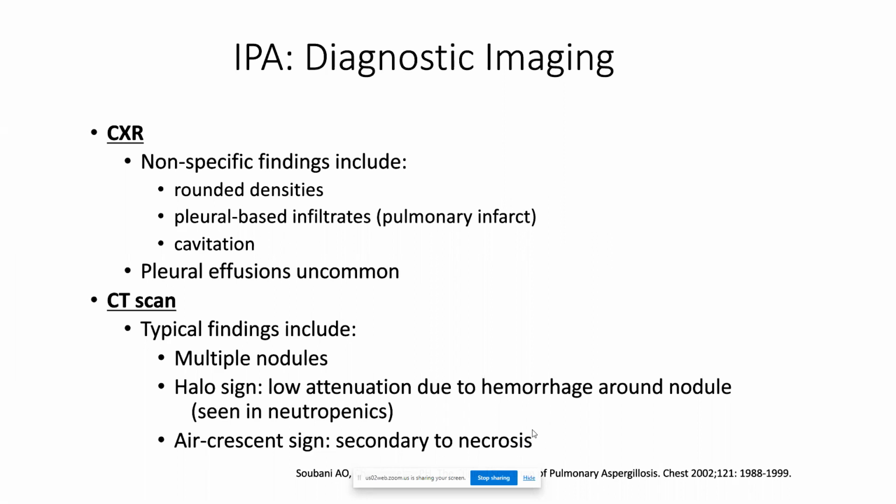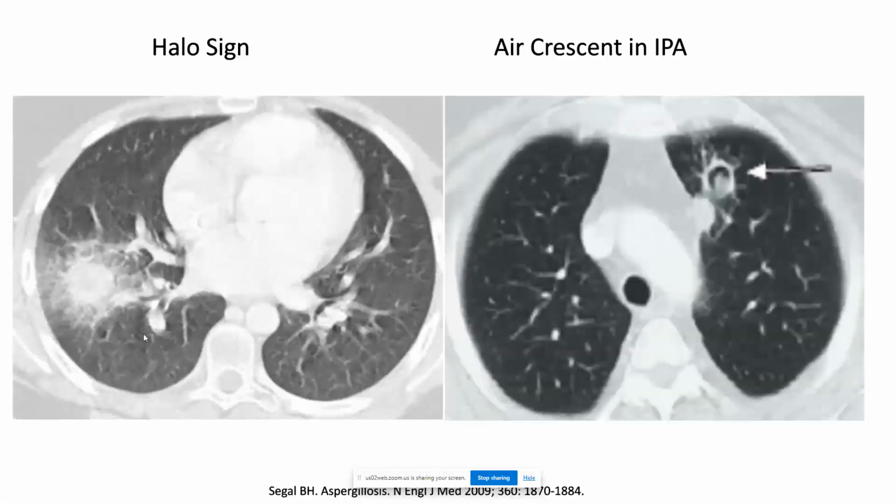I think I've got some images here. Here we go. Here's a halo sign. So here's your aspergillus, and this is all the tissue, the blood in the surrounding tissues that creates this halo. Here's this over here. Now this is an air crescent sign because it's this little crescent of air, and you could say, well, couldn't that just be a pre-existing cavity with a fungus ball in it?